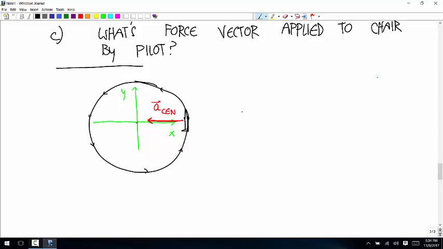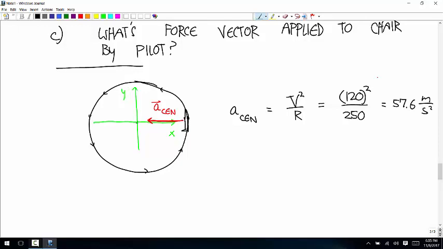The magnitude of that is v squared over r. In this case v is 120 meters per second, so 120 squared divided by 250, or 57.6 meters per second squared.